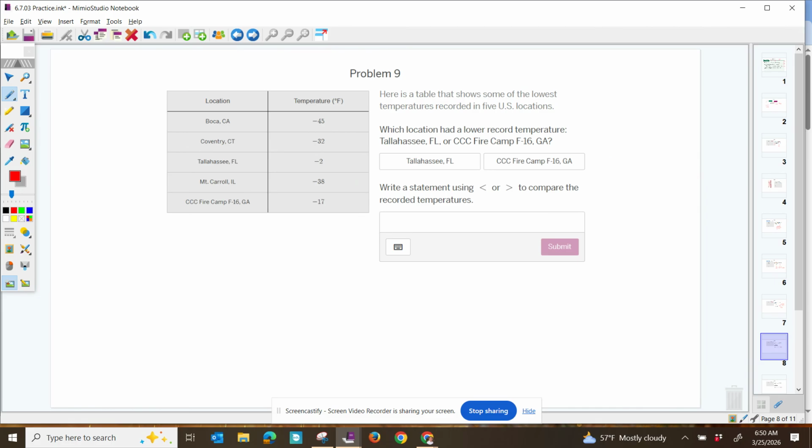Here you've got Tallahassee, Florida at -2, and then the CCC Fire Camp F-16 in Georgia at -17. CCC is the Civilian Conservation Corps. It was right after the Great Depression. The government created a bunch of jobs where people would go and build campsites, trails in Yosemite, roads, bridges, things like that, to get people out of the Great Depression.